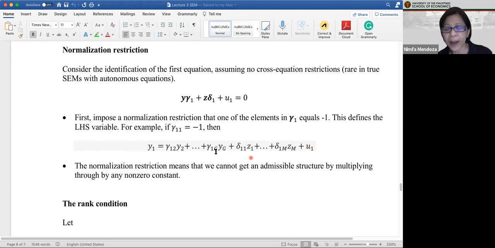But if we impose the normalization restriction, gamma sub 1, 1 is equal to minus 1, then you can put y sub 1 on the left-hand side.